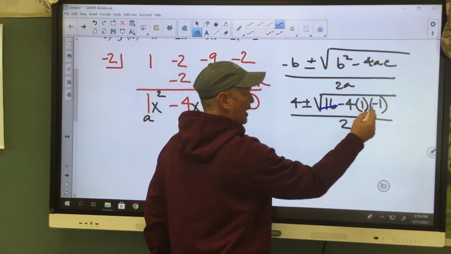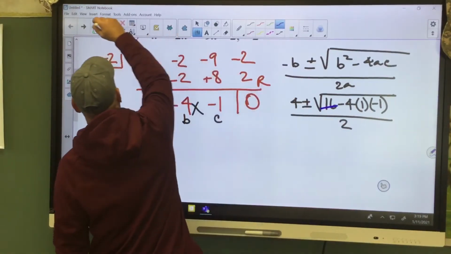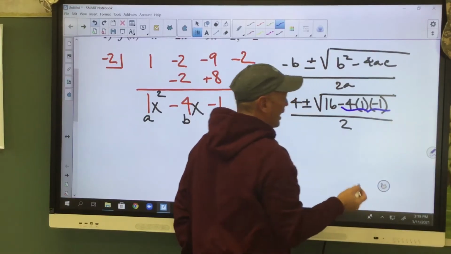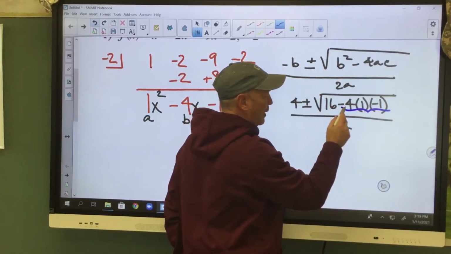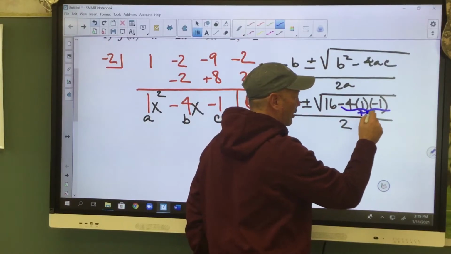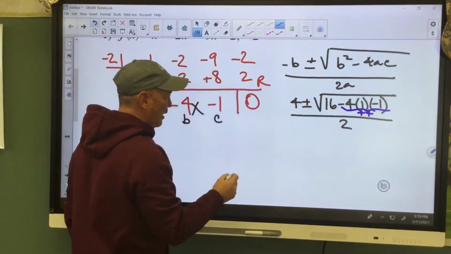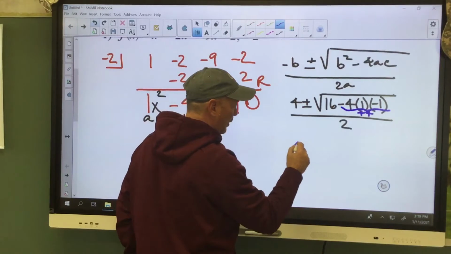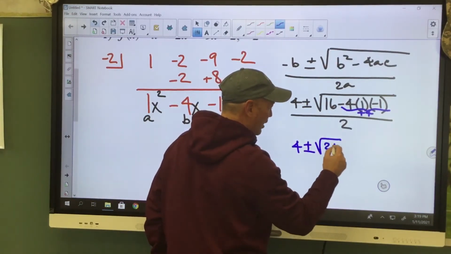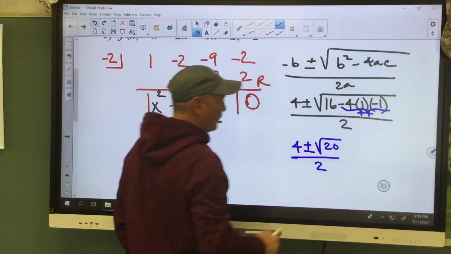Now you can put this in the calculator. You can put that in the calculator. I like to take care of business here. -4 times -1 is a +4. So this is going to give me 4 plus or minus the square root of 20 over 2.